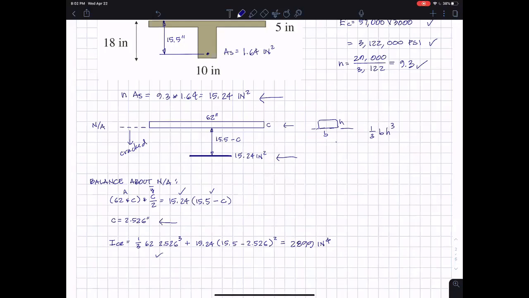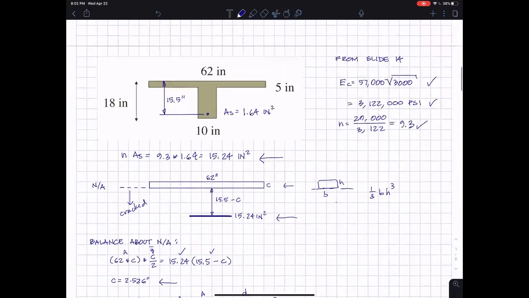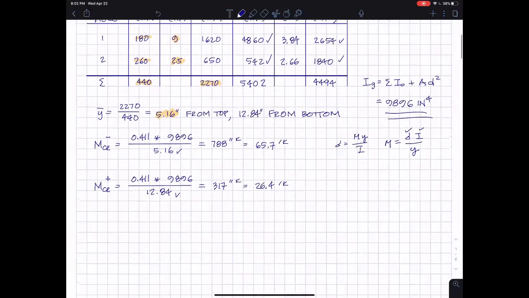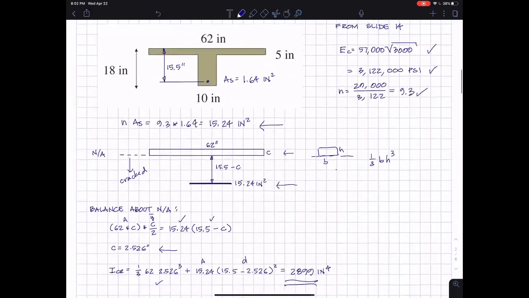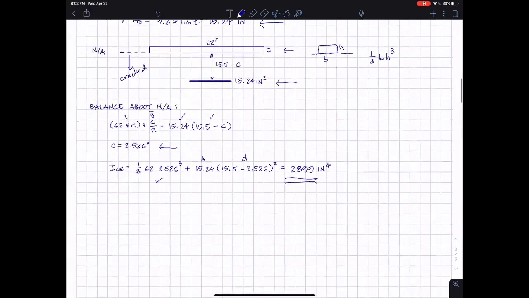So we just have A D squared. There's A. This is the distance from the neutral axis to the steel, squared. And you add that all up, you get 2,900 inches to the fourth. Note that that's different. The gross moment of inertia was 9,900. Now it's only 2,900. It's almost like a third.